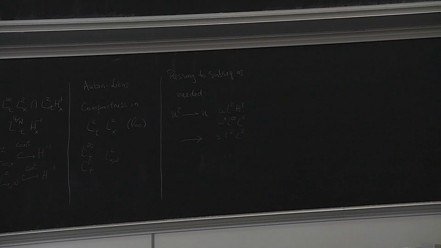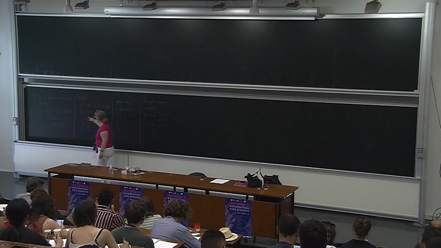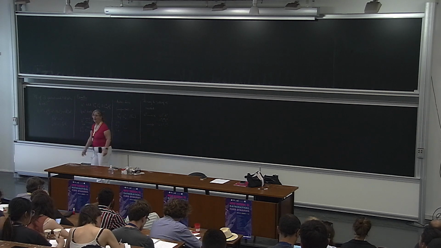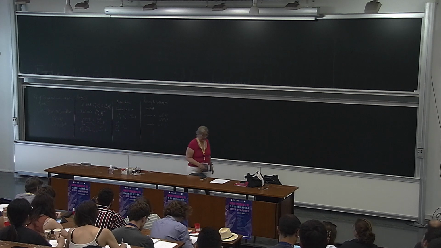So I can pass to this subsequence. In order to be able to use Aubin-Lions, I'm using the fact that dt U epsilon is bounded in L4 over n into H minus 1.